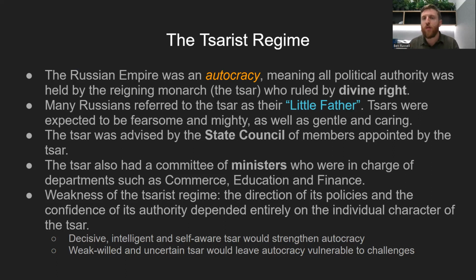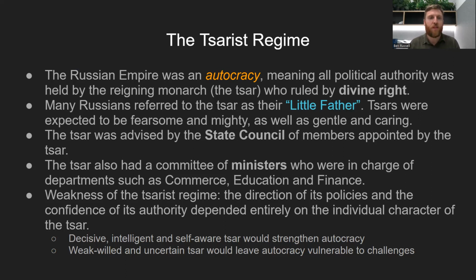So these sorts of departments all had, you had your Minister of Commerce, your Minister of the Military, etc. A weakness of the Tsarist regime was that the direction of its policies and the confidence of its authority depended entirely on the individual character of the Tsar.